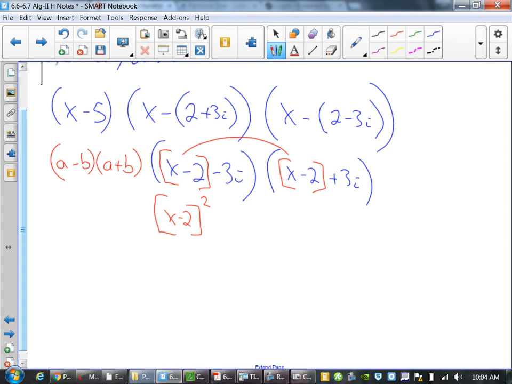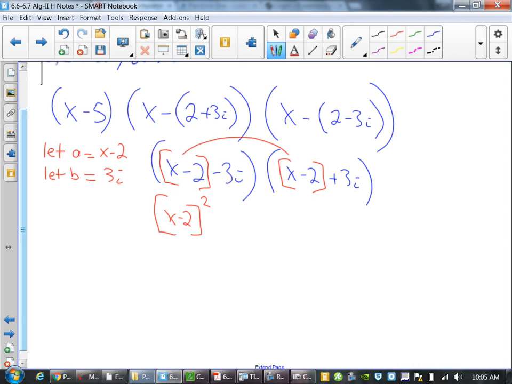One of the ways people have shown this is something called U substitution. Basically, you're letting something simple equal something complicated. You use this in calculus all the time. So just so you can get the idea of what I'm doing here, let A equal x minus 2, and I'm going to let B equal 3i.